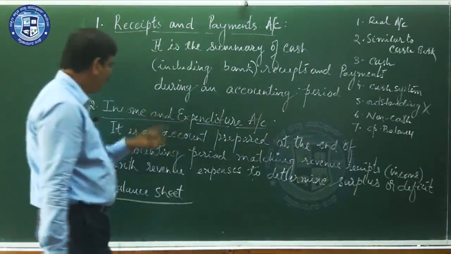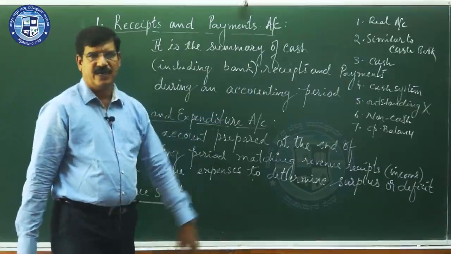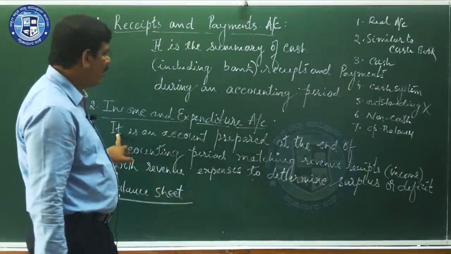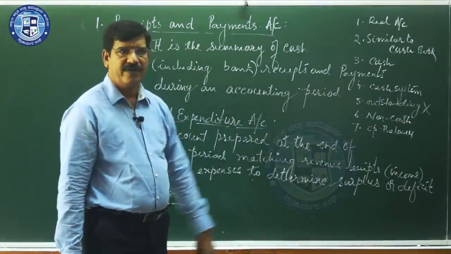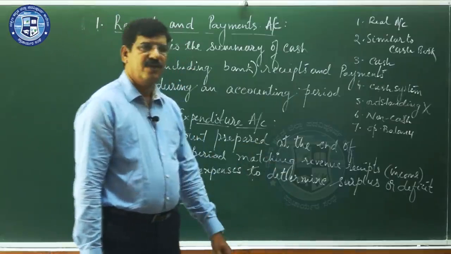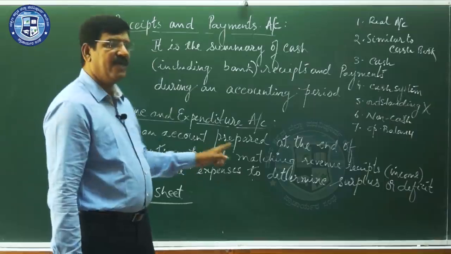So we prepare one more account called the income and expenditure account. What is the meaning of income and expenditure account? It is an account prepared at the end of the accounting period, matching revenue receipts with revenue expenses.